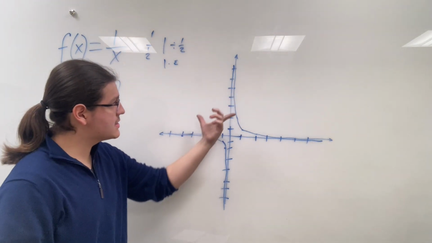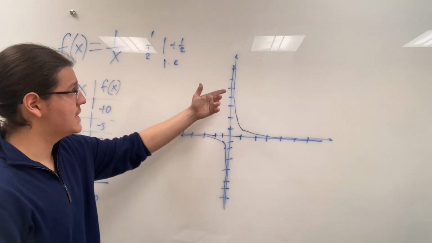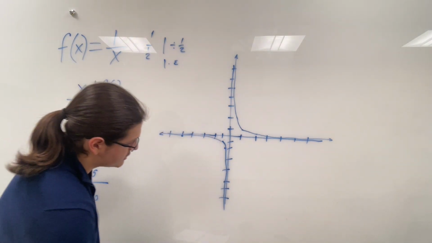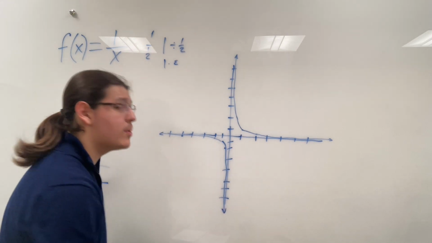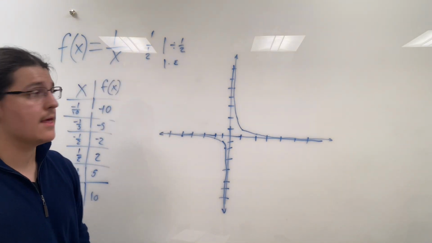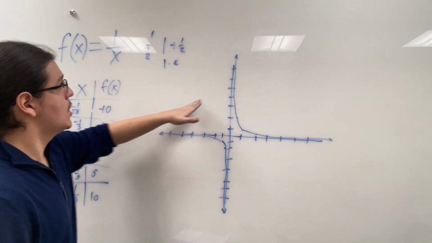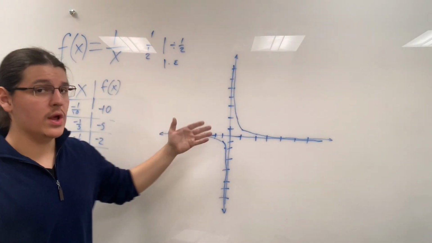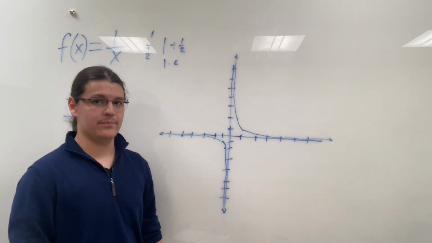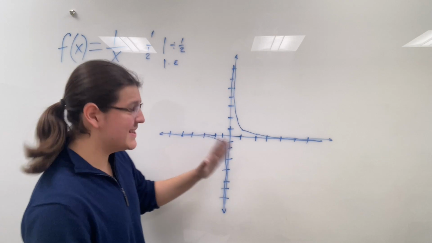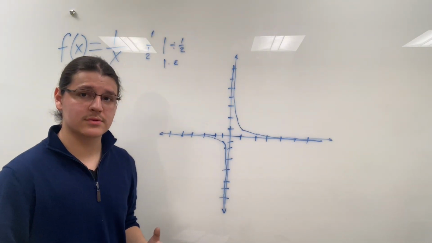So that's why the behavior of the graph changes as it approaches 0. So we can say with almost certainty that a rational function will look like this. Quite an interesting looking graph, no?